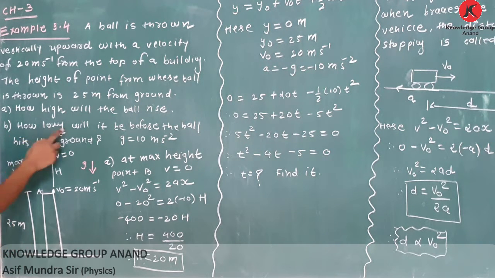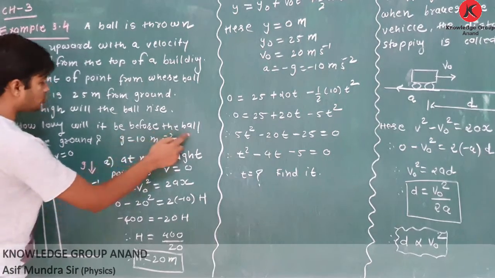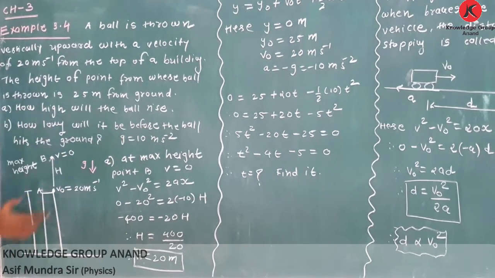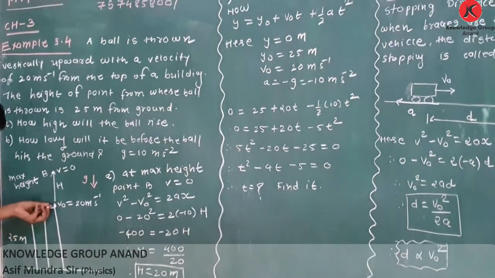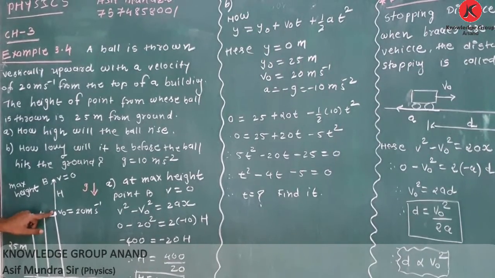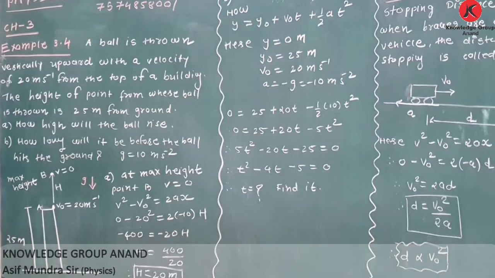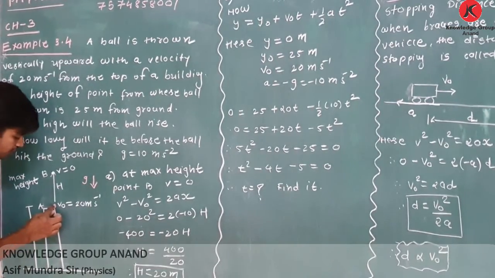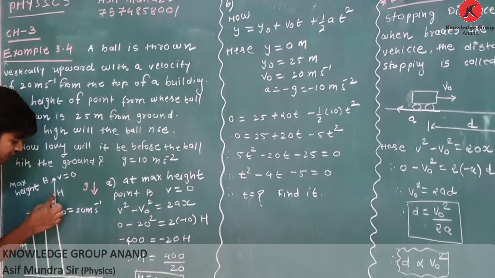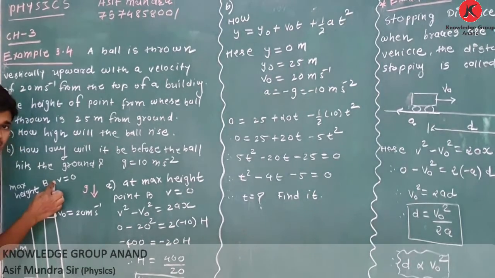Okay, now what is the second question? How long will it be before the ball hits the ground? Means what is the question? If you throw the ball from this point A in the upward direction, you know what happens. First of all, the ball is moving in the upward direction up to maximum height.